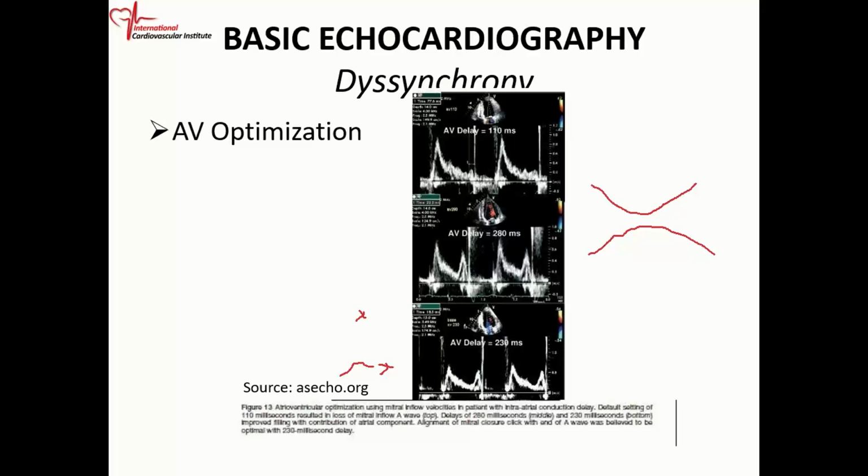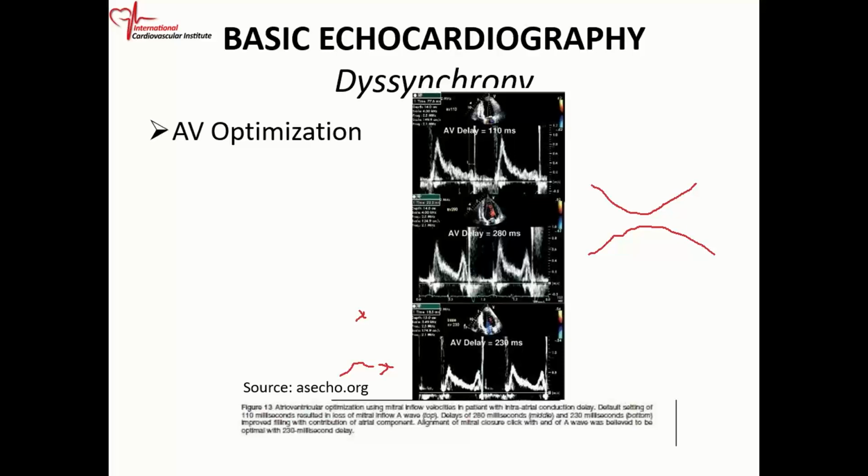So what we do is we put a pacemaker lead in the right ventricle, and then we put a pacemaker lead, okay, I'm going to say in the left ventricle, not really in the left ventricle, but that's the idea.